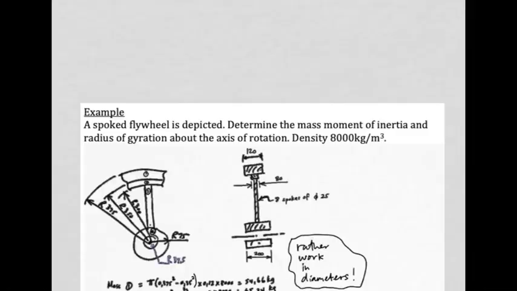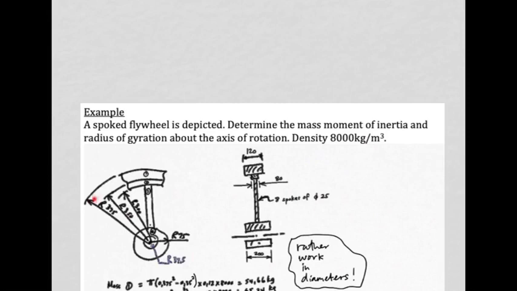Right, here's our final example for this little section of work, and here we get to use the spoked formula, or the formula for spokes that we spoke of earlier. So we have a spoked flywheel. Determine the mass, moment of inertia, and radius of gyration about the axis of rotation, and the density is given.